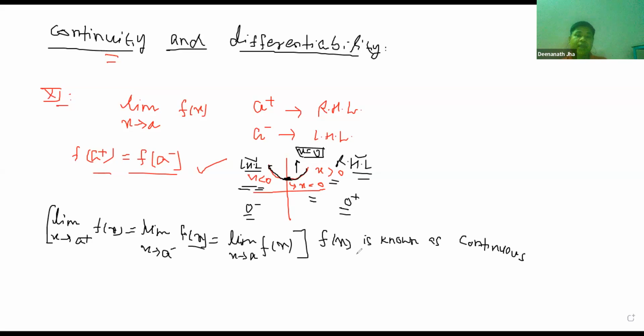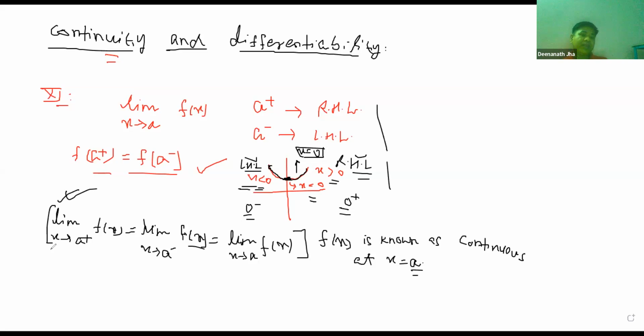Continuous at which point? x equal to a. Got it? Okay, write down only this concept, not the upper parts, because you know the RHL and LHL concept.